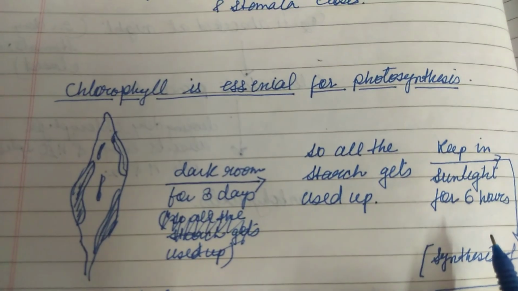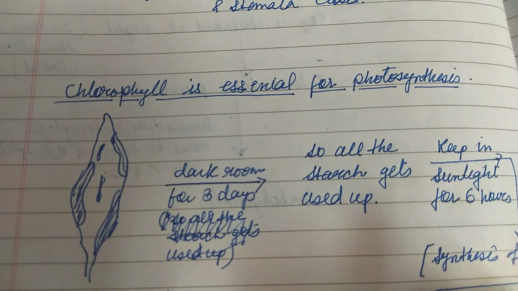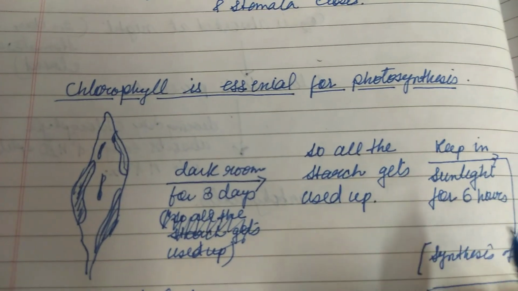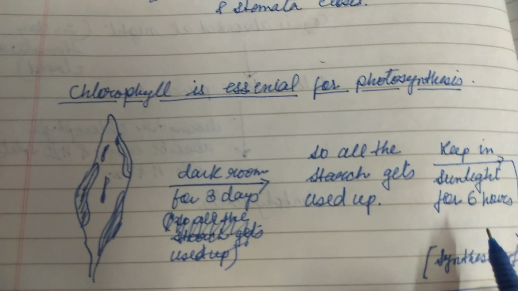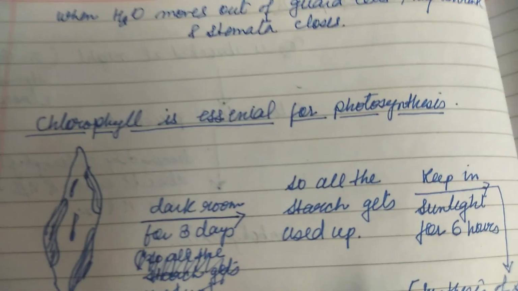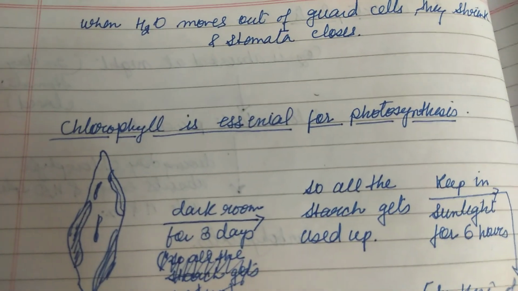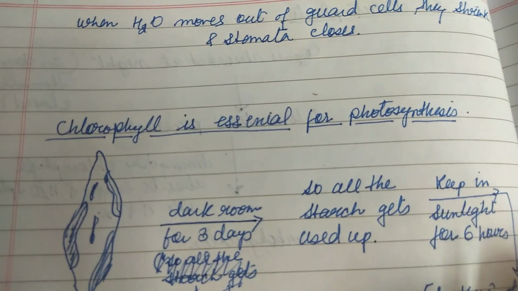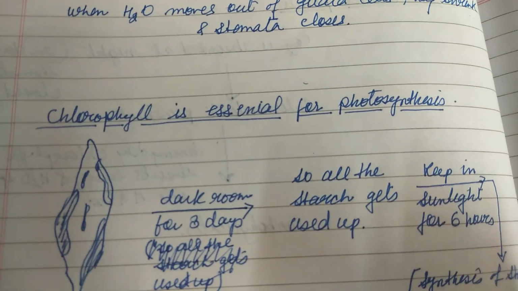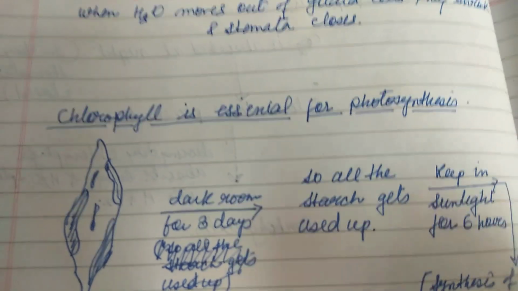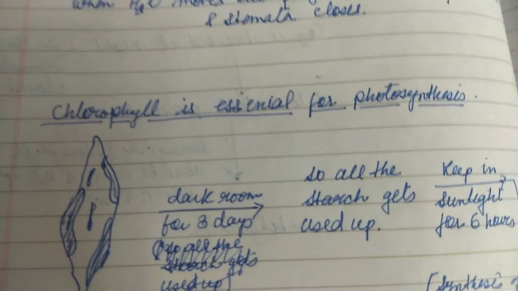If it is present only in the green area, it means chlorophyll is essential for photosynthesis. If it is present all over the area, it means chlorophyll is not necessarily required for photosynthesis, right? So we need to check.